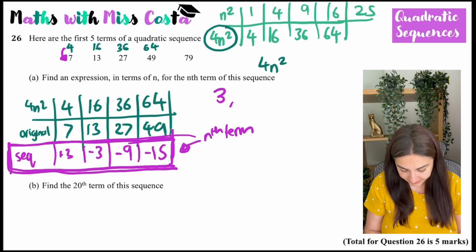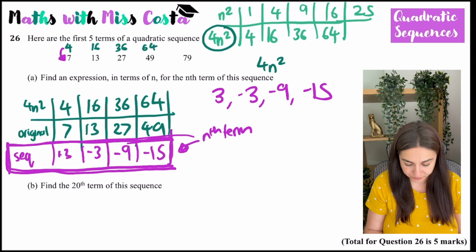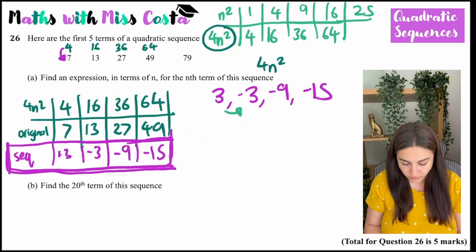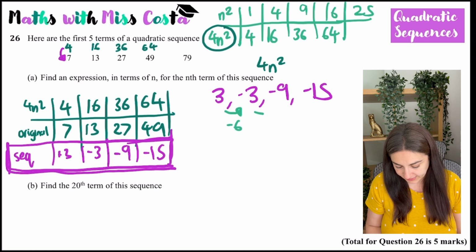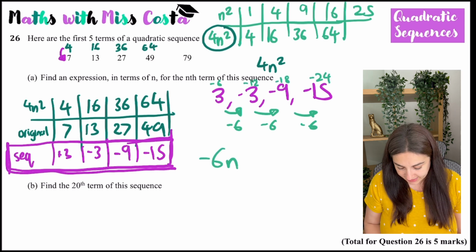Okay, so the sequence is 3, minus 9, minus 15. What's the difference? Well, it's going down by 6 each time. So the nth term of this sequence, if it was the minus 6 times tables, is minus 6n.